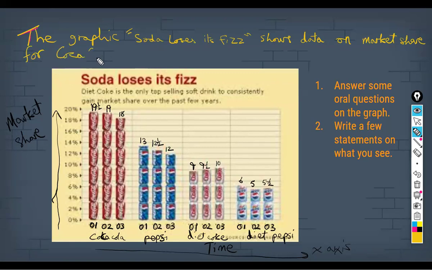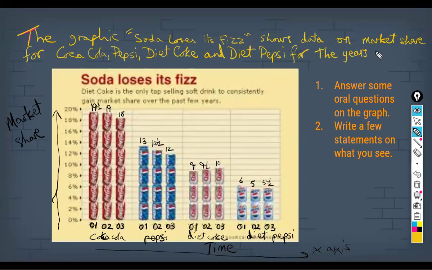Coca-Cola, Pepsi, Diet Coke, and Diet Pepsi, for the years 2001 to 2003. Okay.